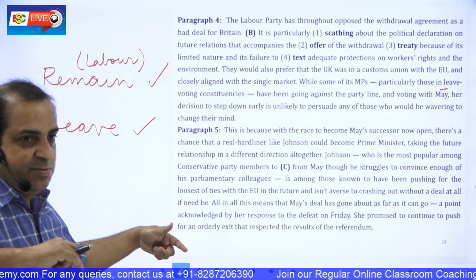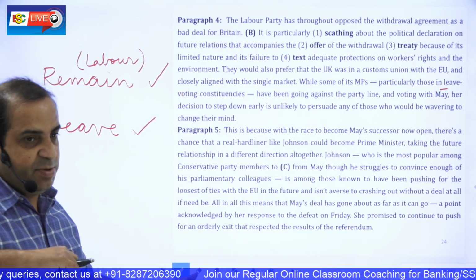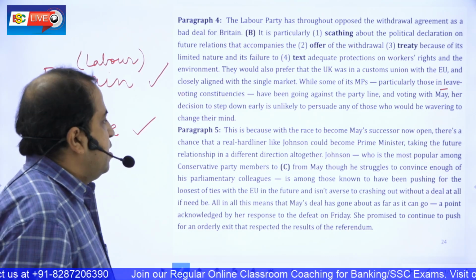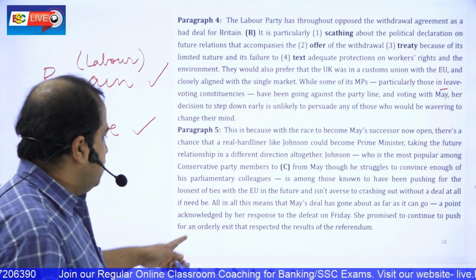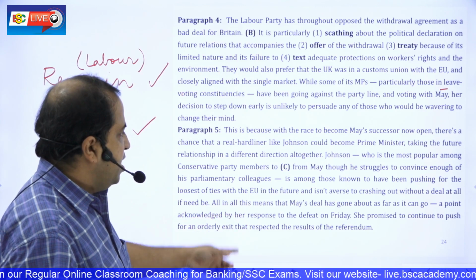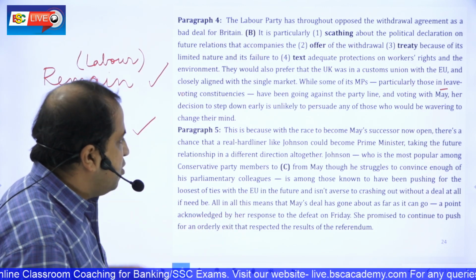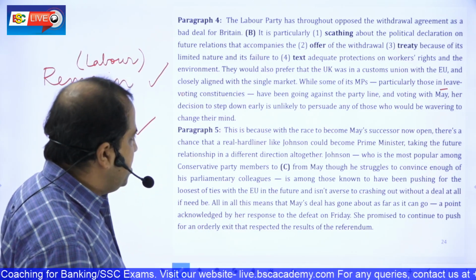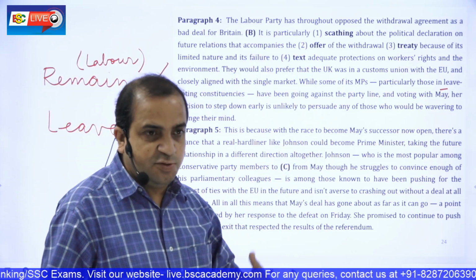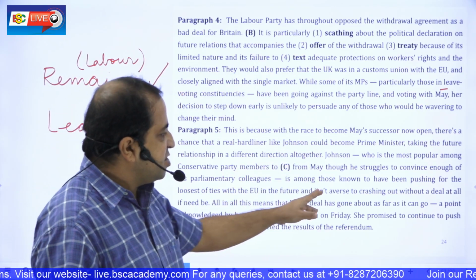So the future may be going in that direction with people like Boris Johnson at the helm. Is among those known to have been pushing for the loosest of ties with the EU in the future and isn't averse to crashing out without a deal at all if need be. Prime Minister Boris Johnson, the new Prime Minister, is not averse to crashing out.